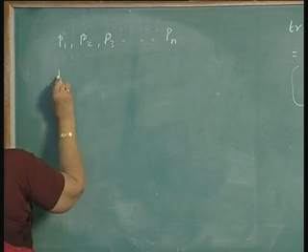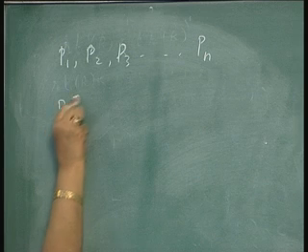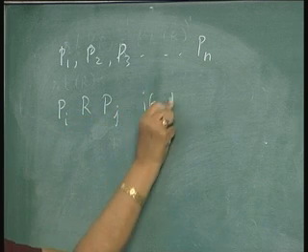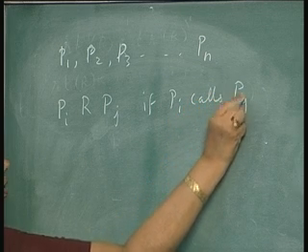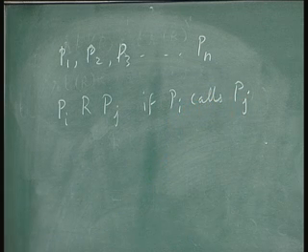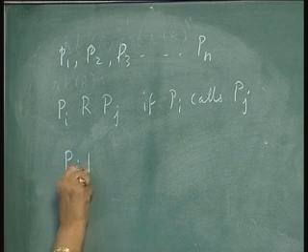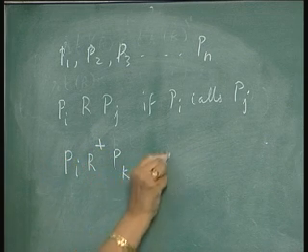Then you represent like this: Pi R Pj if Pi calls Pj as a subroutine, say. Then what does Pi R plus Pk represent?